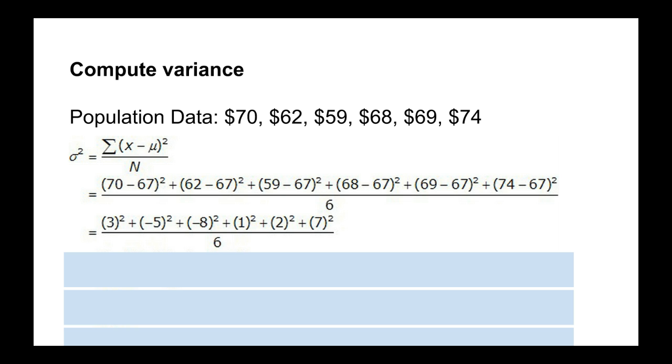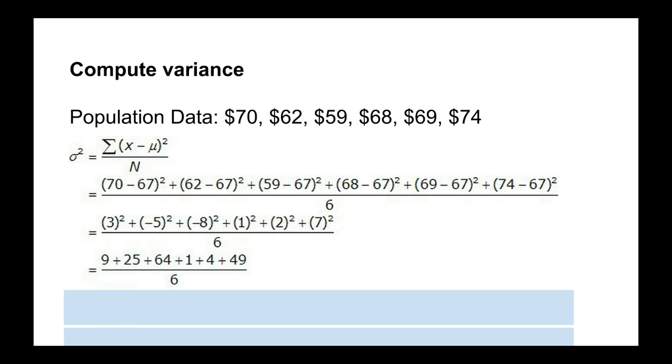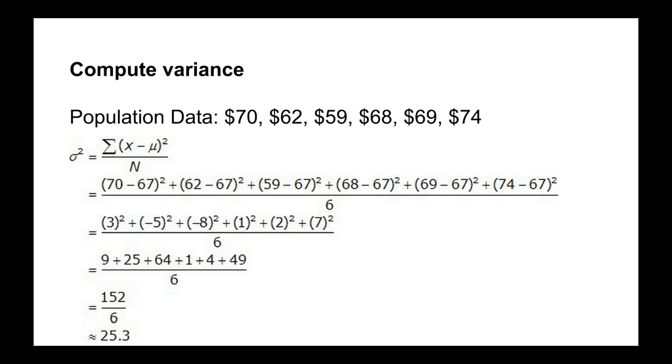So here we've computed the differences, here we've squared them. We end up with positive squares of all these values, and we divide them by the population size, which happens to be 6. We've got a pretty small population. We do our division of a fraction, and we end up with a variance that is 25.3.